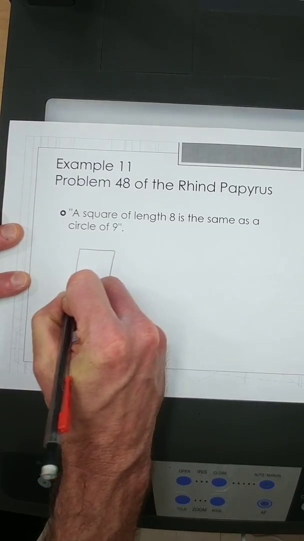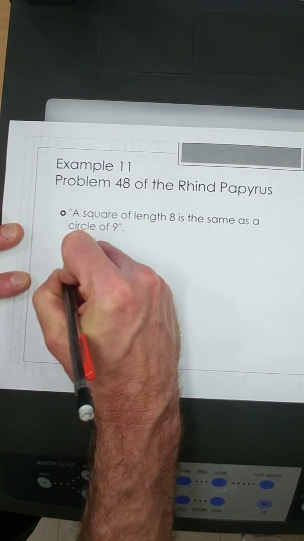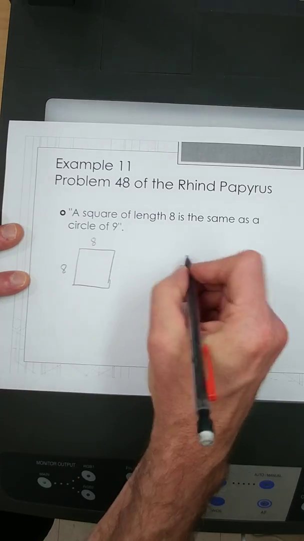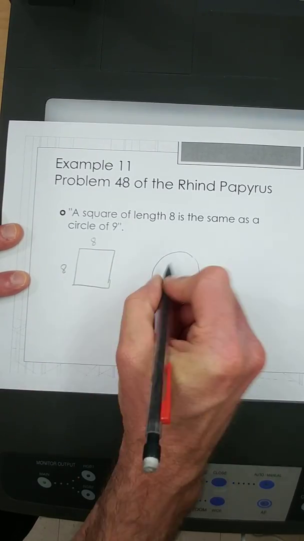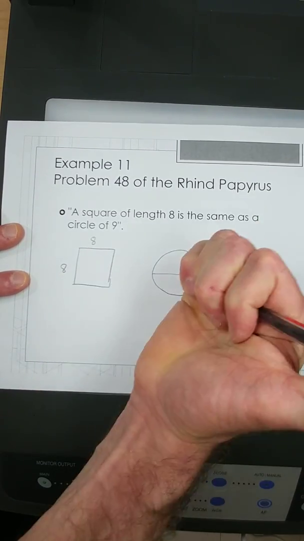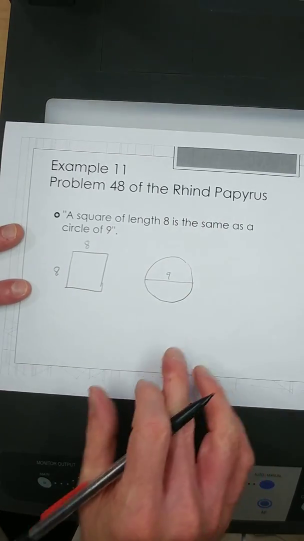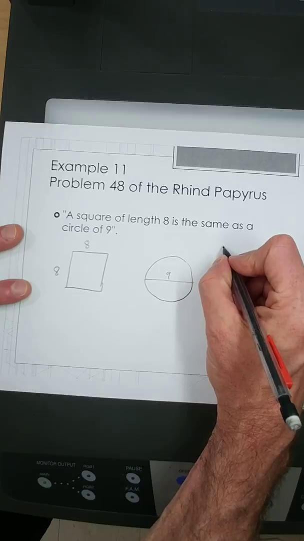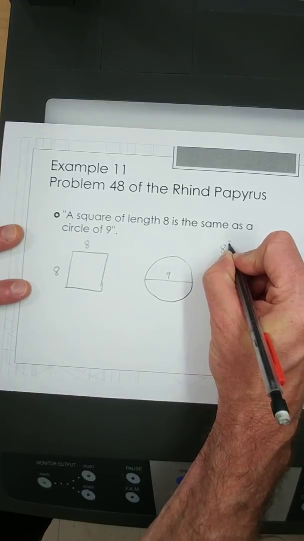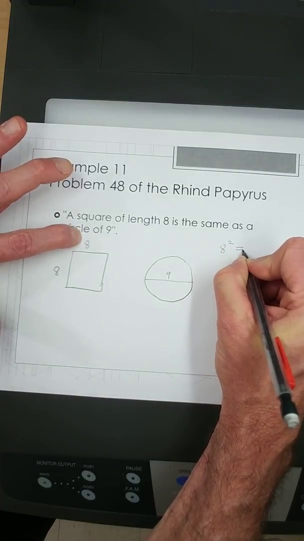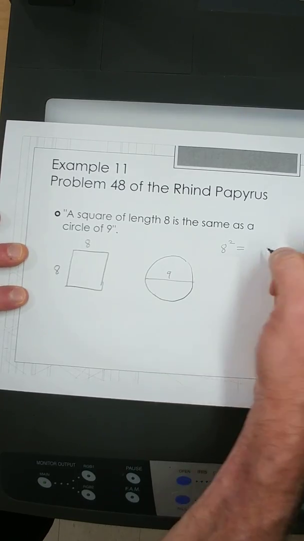So if we have a square that's 8 by 8, that is the same as a circle with a diameter of 9. Now, if we compare formulas, remember the area of a square is 8 times 8, length times width or side squared.